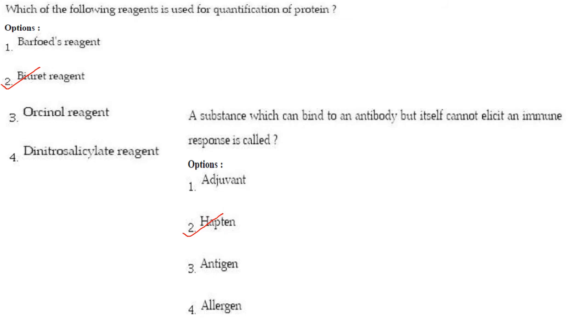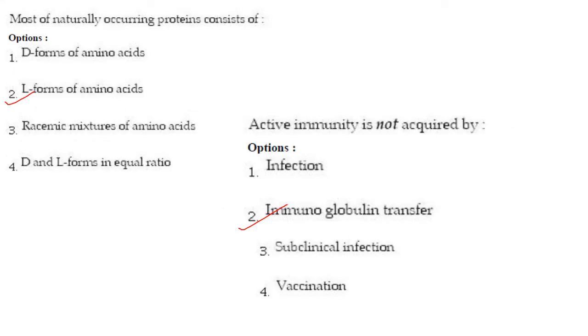Next one. A substance which can bind to an antibody but by itself cannot elicit an immune response is called option 1 adjuvant, 2 hapten, 3 antigen, 4 allergen. Answer is option 2 hapten. Next one. Most of the naturally occurring proteins consist of option 1 D forms of amino acids, 2 L forms of amino acids, 3 racemic mixtures of amino acids and 4 D and L forms in equal ratio.